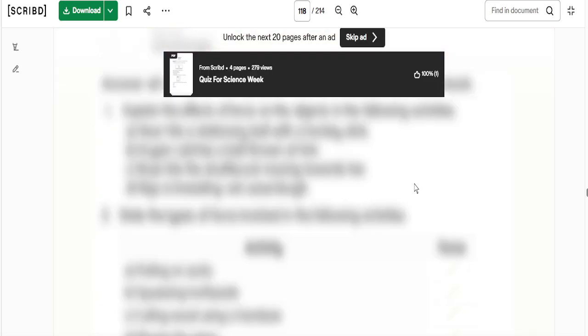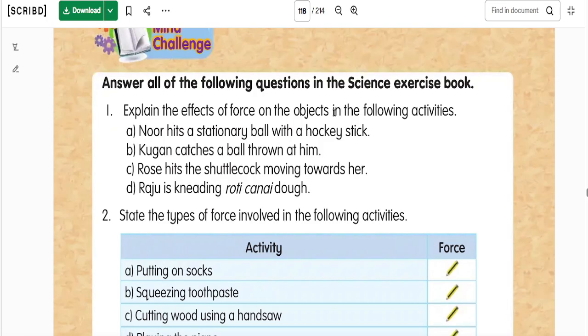In the first activity it says Noor hits a stationary ball with a hockey stick. What's a stationary ball? Something that is not moving, that is at rest.